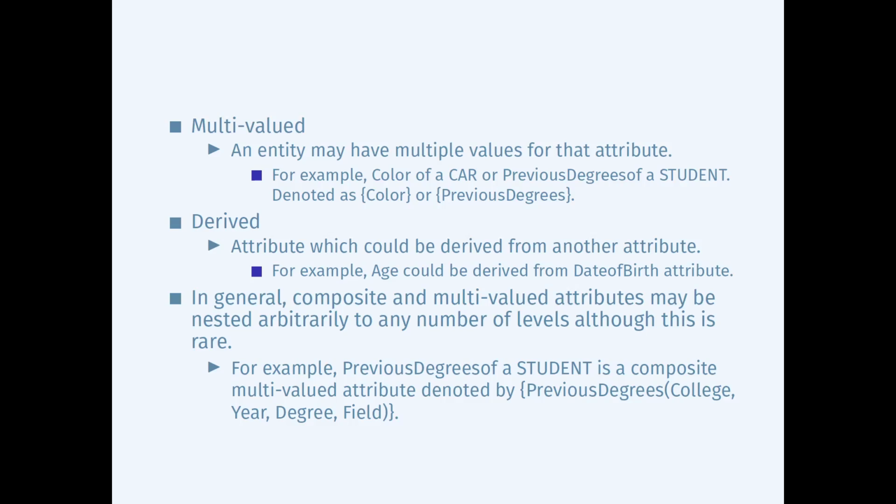Sometimes you will notice these attribute types can be combined. For example, composite and multivalued can come together. If you take your previous degrees, you have a university where you obtained the degree, the year you completed, the degree name, and a particular field. These describe the previous degrees.